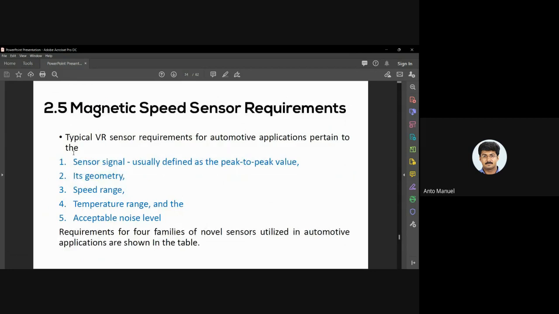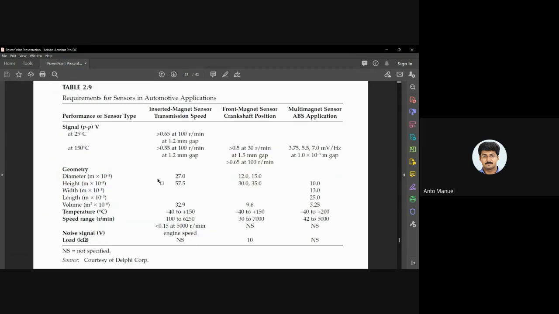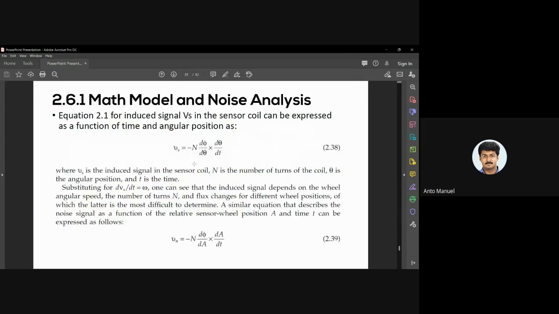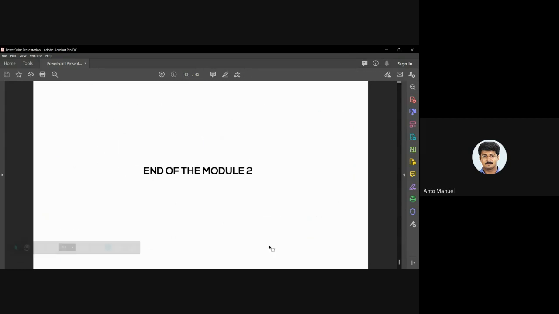We also discussed VR sensor noise, variable reluctance sensor noise: what noise is and how we can reduce it when going into the depth of the design of these VR sensors. That's all about this module.